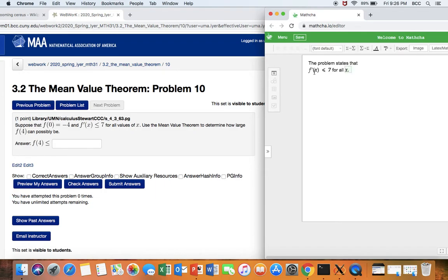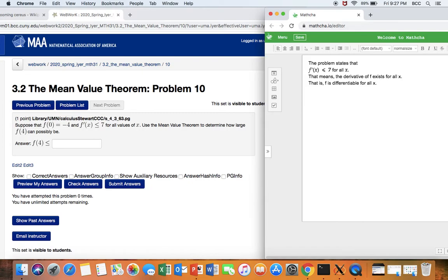You understand? That means the derivative of f exists for all x. This means f is differentiable for all x.